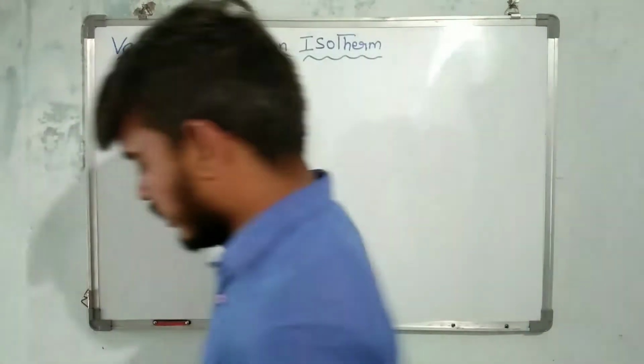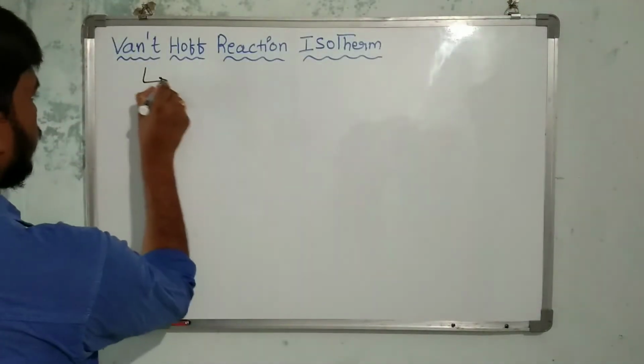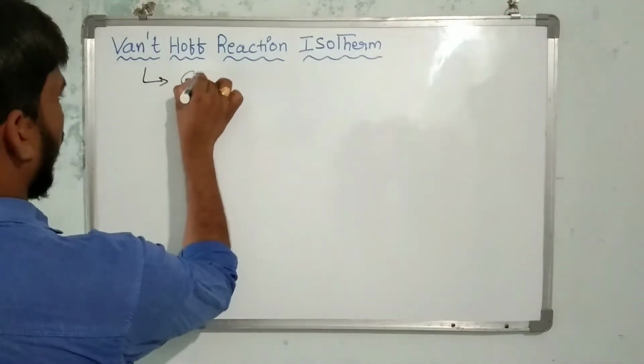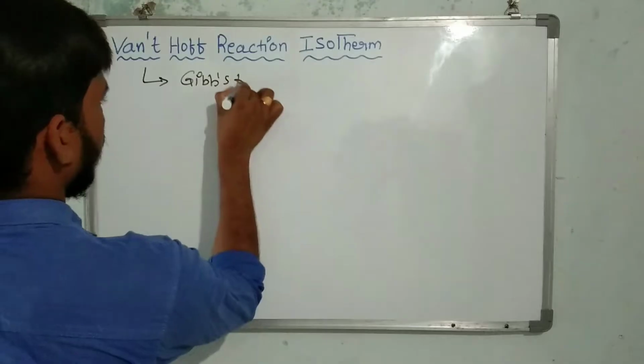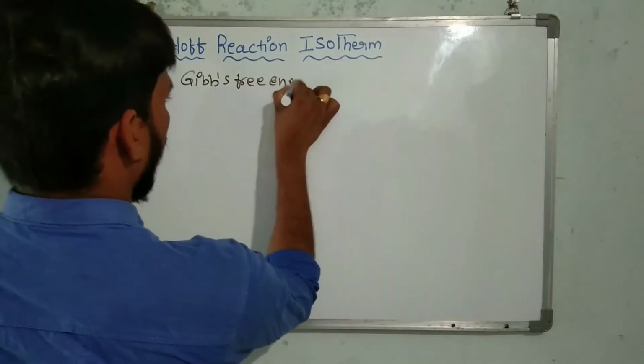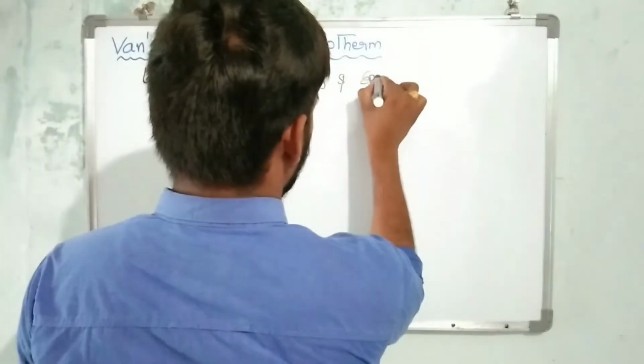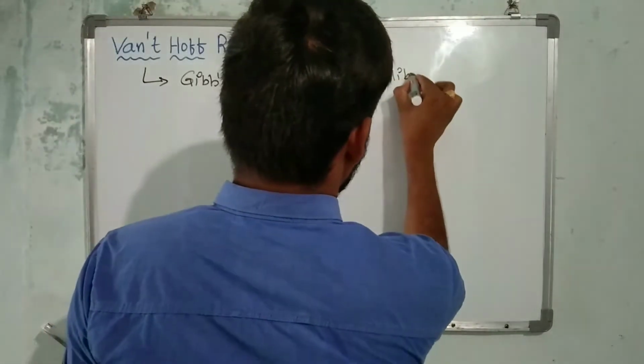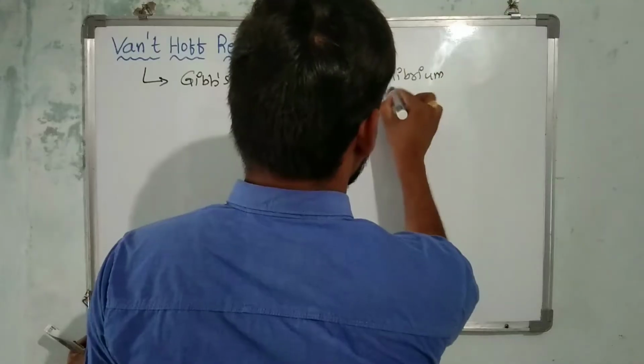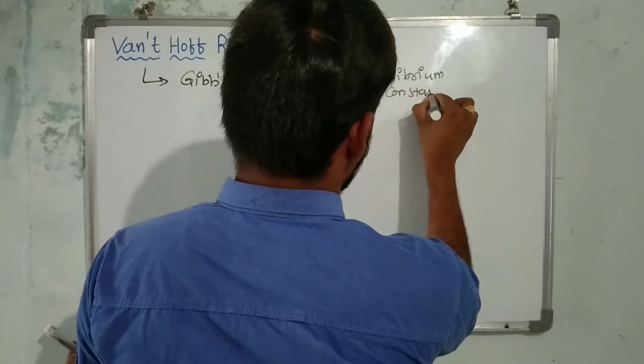This Van't Hoff equation is a relationship between the Gibbs free energy G and the equilibrium constant.